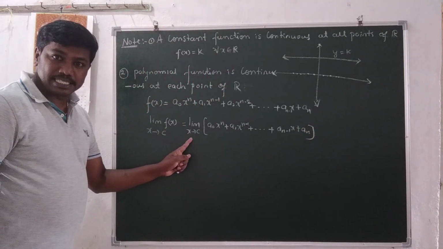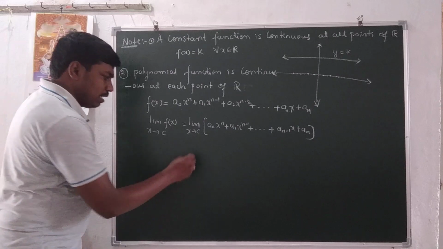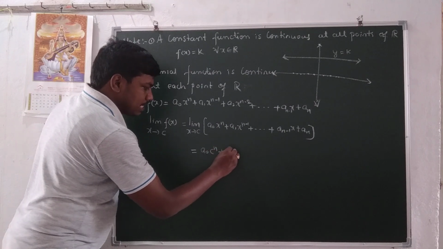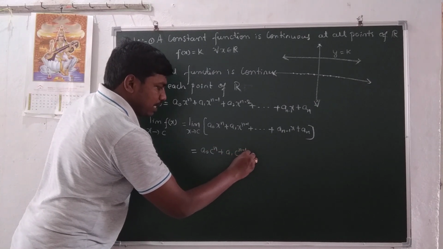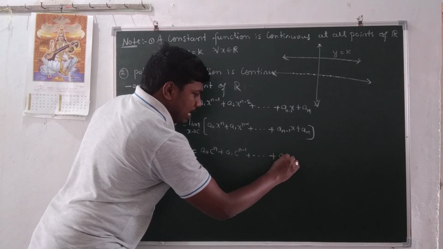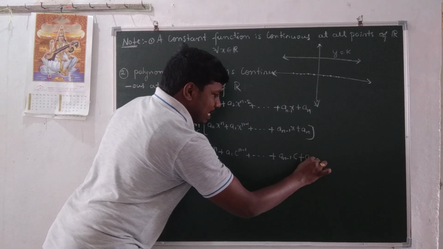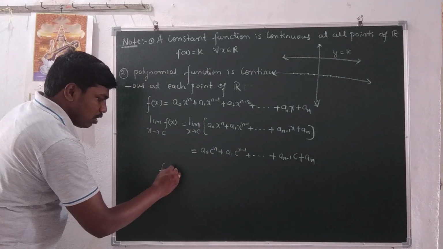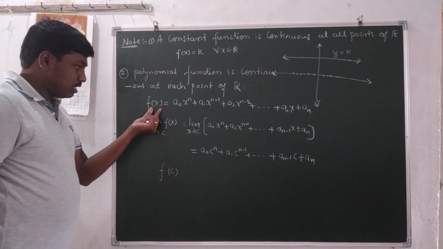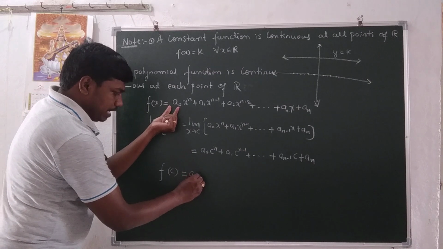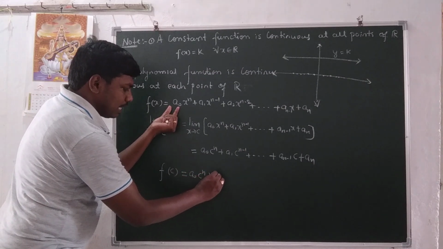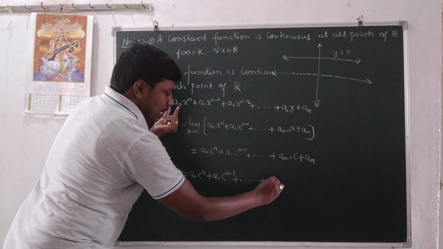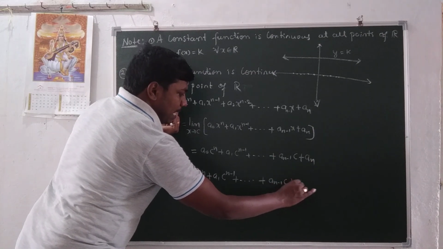Apply the left hand limit and right hand limit. What is the limiting value? It is a0 c to the power n plus a1 c to the power n minus 1, and so on, plus a(n minus 1) c plus an. This is the limiting value. What is the value of the function? f of c, put x is equal to c here: a0 c to the power n plus a1 c to the power n minus 1, and so on, plus a(n minus 1) c plus an.